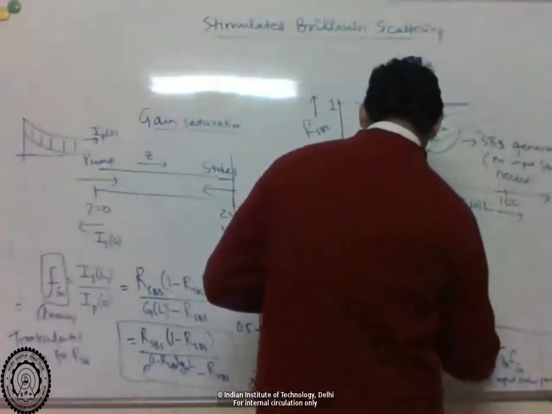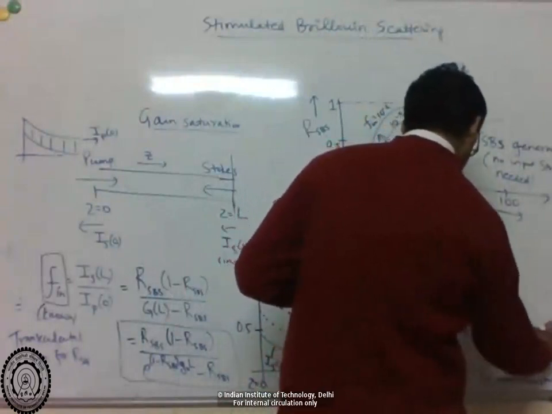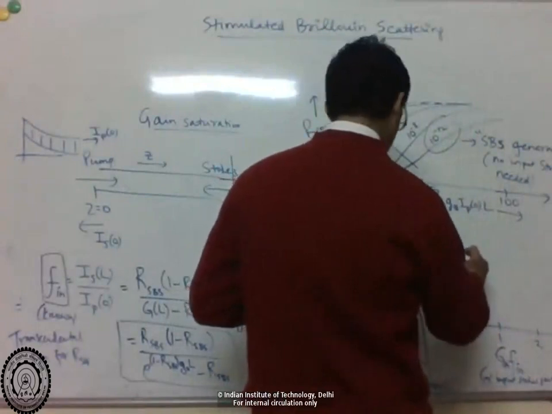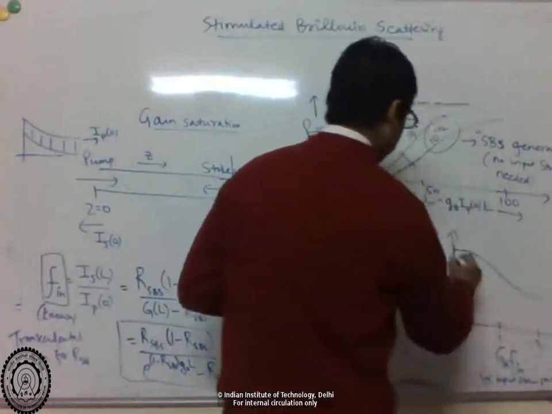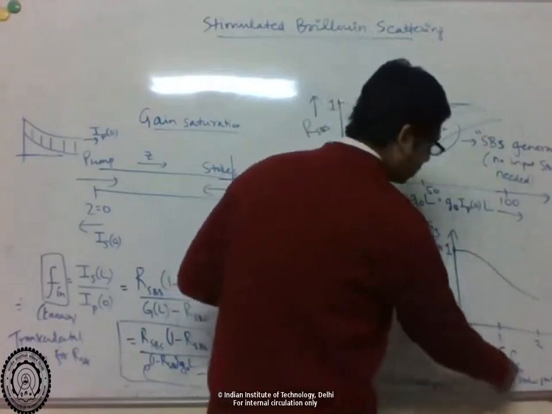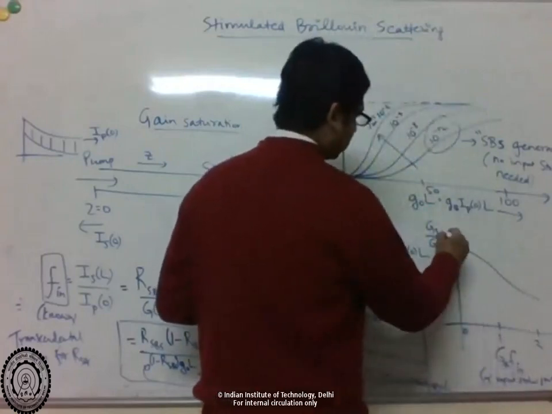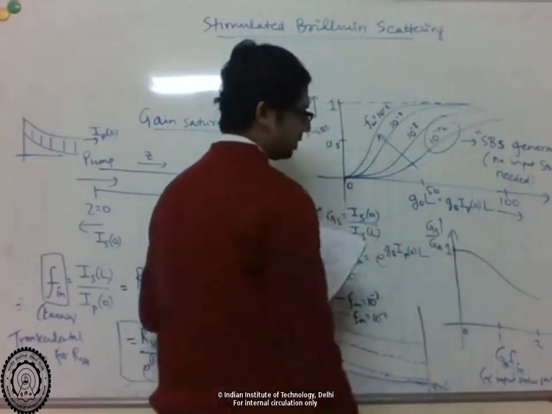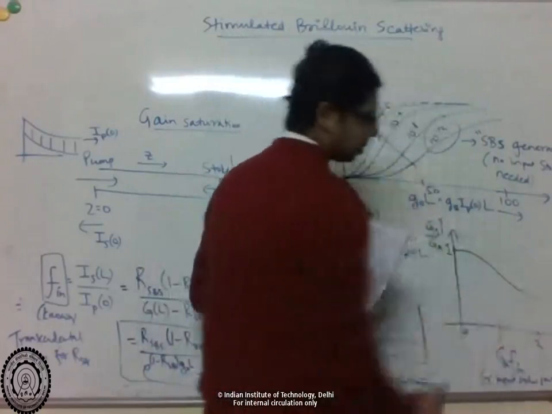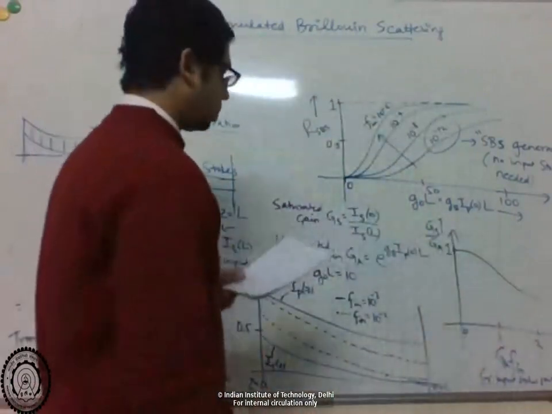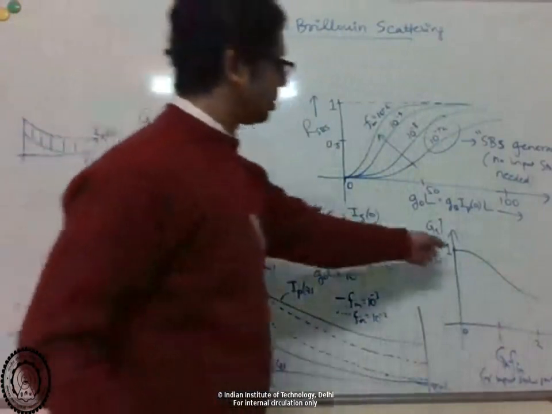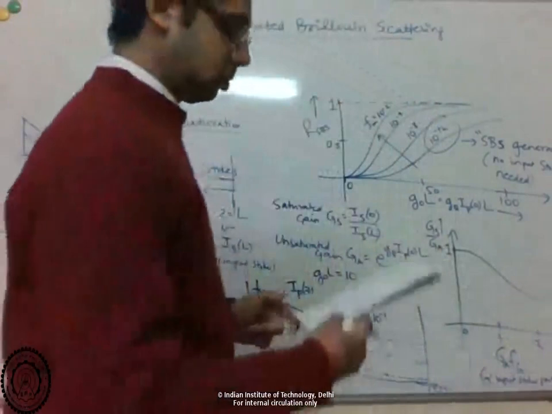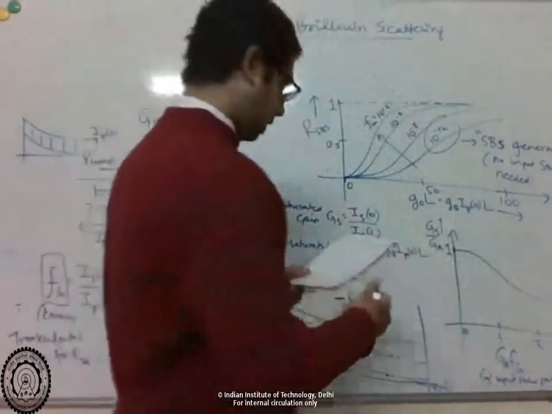Then you see for small values of input, the actual gain G_S is equal to G_A, but as you increase the input, the gain goes down. So this is basically gain saturation. As I'm increasing my input power, gain actually goes down because of pump depletion.